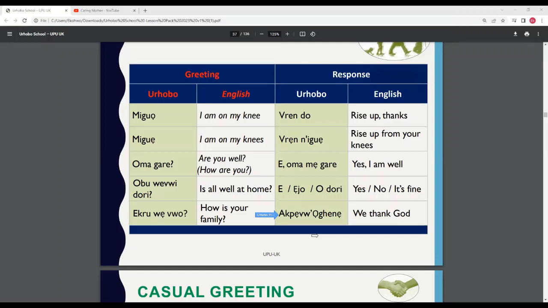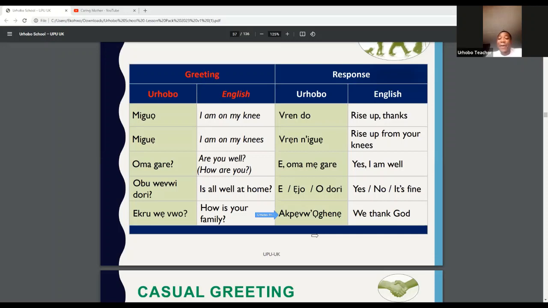Just to clarify, it's not in all situations that the noun comes first, because you're saying akpewogene. Yeah, ogene is the noun here, and thank you is the adjective or something else. So in this case, ogene is coming after akpewo. Okay, noted.